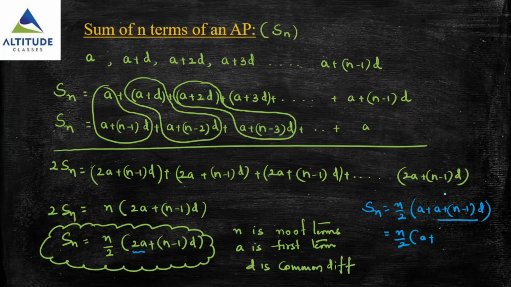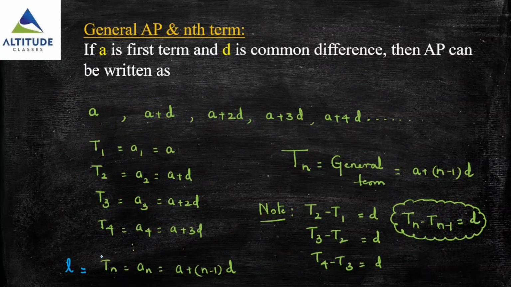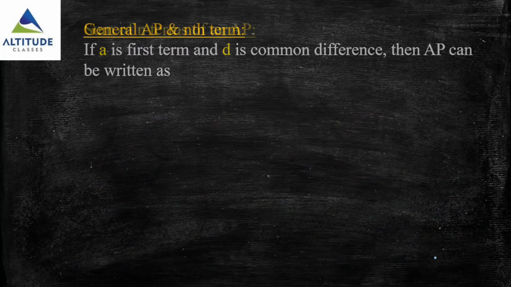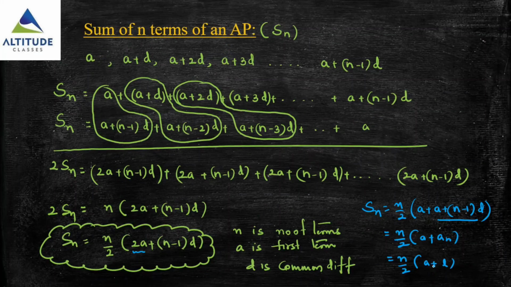So here we can replace this with Tn, or I can write it with L also. So n by 2 into a plus L. I told you the nth term can also be written as the last term L. That means if you know the last term, first term, and number of terms, in that scenario also you can use this result to get the sum of n terms of AP.